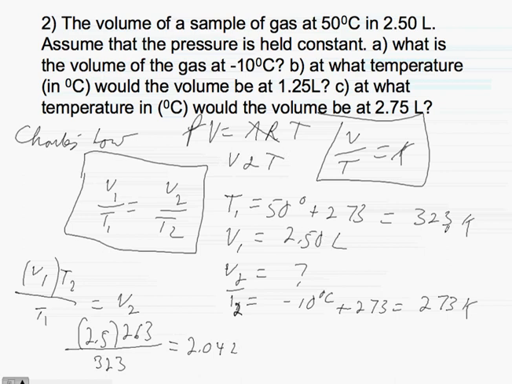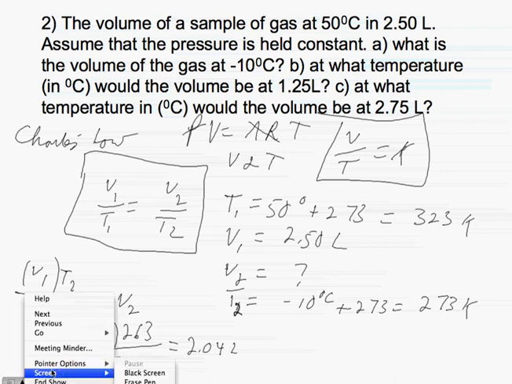I went from 323 to 273 in temperature, so my temperature decreased. If my temperature decreased, my volume should also decrease, which it did: I had 2.5 liters, which then went to 2.04. So that's consistent.